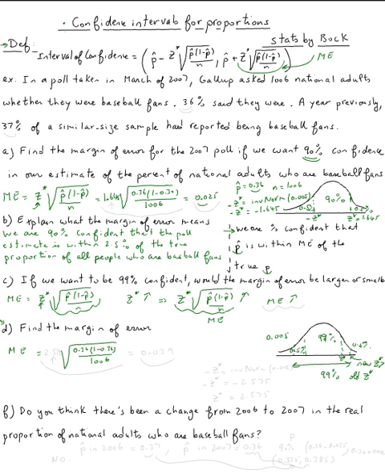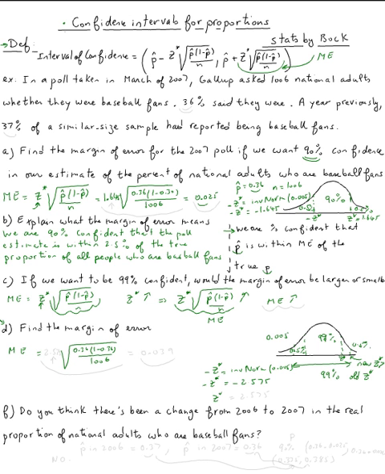So how do we calculate the z star for 99% confidence? It's going to be inverse norm of 0.005, of course this is a minus. If we do that, that would be 2.575.